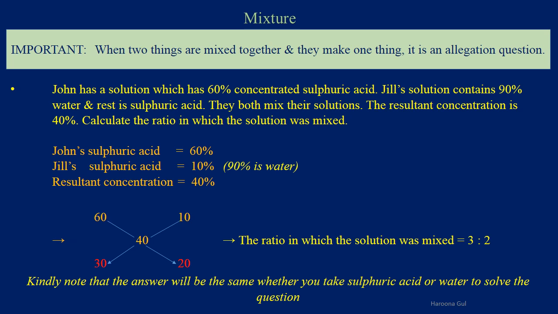We're going to subtract Jill's concentration of sulfuric acid, 10, from the resultant concentration, 40, and get 30, and the ratio in which the solution was mixed is 3 ratio 2, right? And the important thing to note is that the answer will be the same whether you take sulfuric acid or water to solve the question, right? Easy.